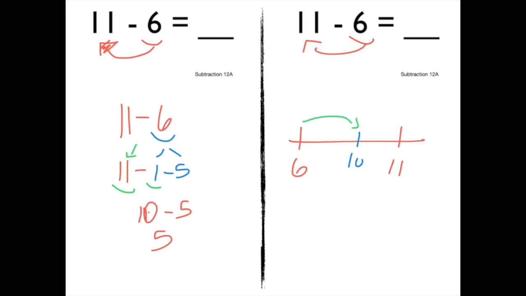The difference between 6 and 10 is 4. The difference between 10 and 11 is 1. And then if I find the sum of 4 and 1, I get 5. So again, this strategy is a visual representation of something that a lot of people are comfortable with: just thinking of the subtraction question in an additive way.